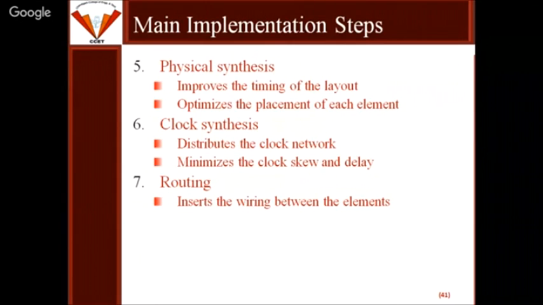Because if you talk about the clock distribution, suppose there are some synchronous as well as asynchronous blocks we have to connect. Suppose there are two blocks which are synchronous, but they are placed in two different locations in the chip. Our task is that the clock signal should reach both of the devices at the same time. But it may be that the clock generator is here and one block is much farther apart and another block is very near to the clock generator.